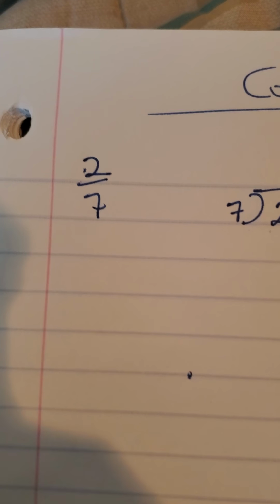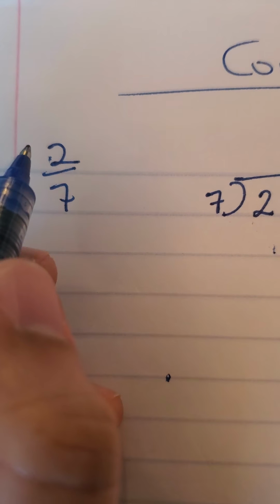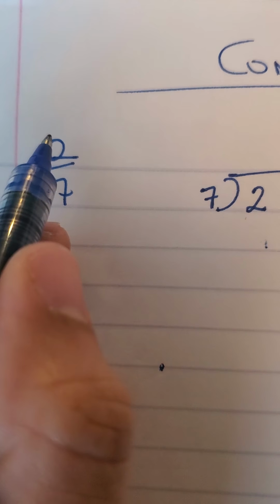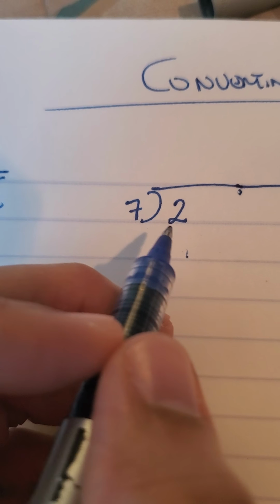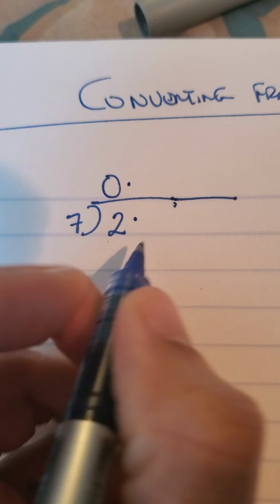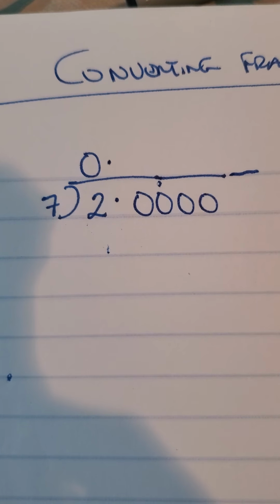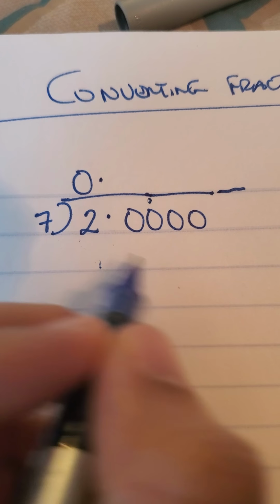Now here's another hint: once you have a proper fraction, where the numerator is smaller than the denominator, or your dividend is smaller than your divisor, you're going to have a decimal. So it's going to be 0 point something, right? Here you just add the 3 to 4 zeros, as I suggested, to keep the integrity of what the institution wants. I'm going to add 4 zeros, and then you start your long division.